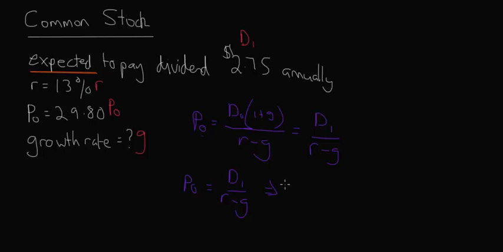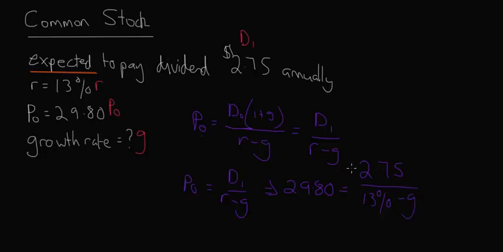P0 we have is $29.80 equals D1, which is $2.75, over R minus G, which is 13% minus G, which is exactly what we're looking for.